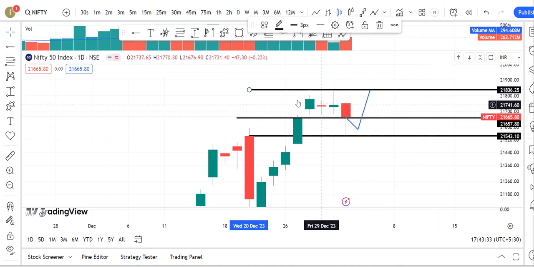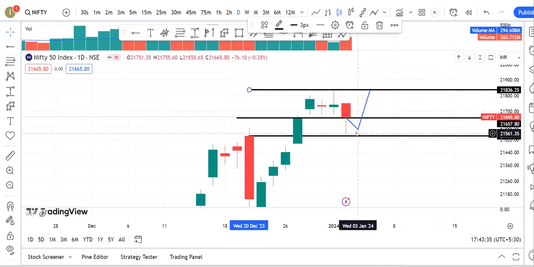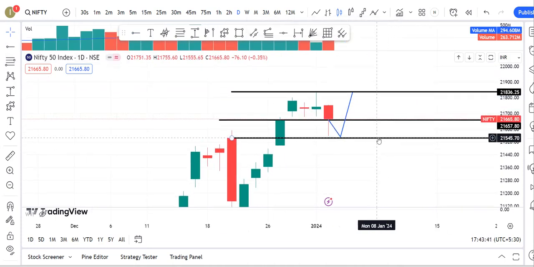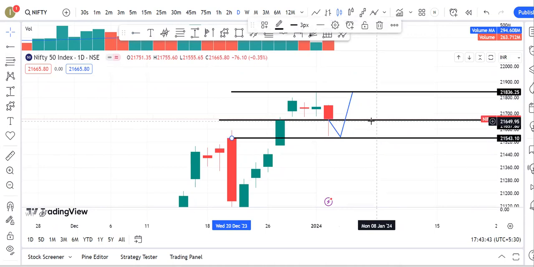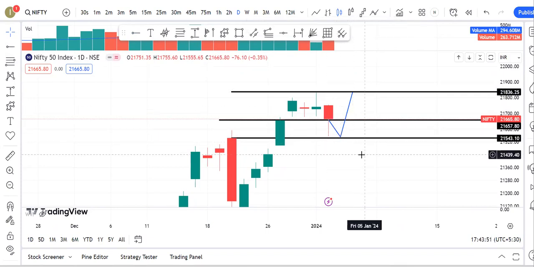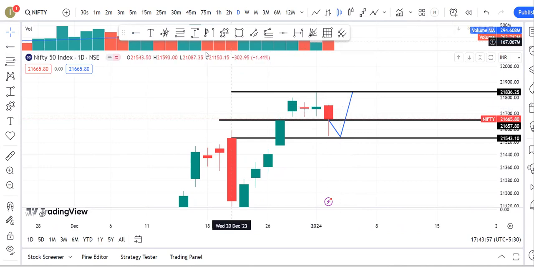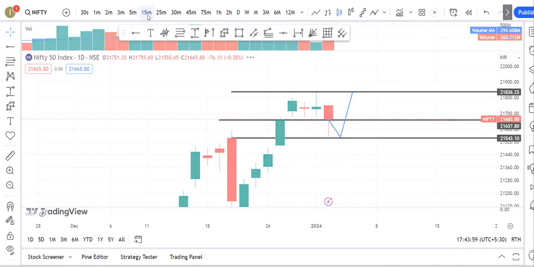It can trade within this range. Price action levels may be 21,543 to 21,836. That's what I extrapolated based on the India VIX. So it can either go up a little bit tomorrow. Let me go to the intraday levels.